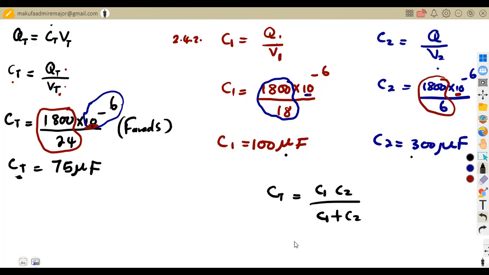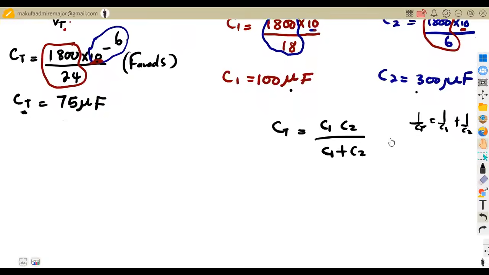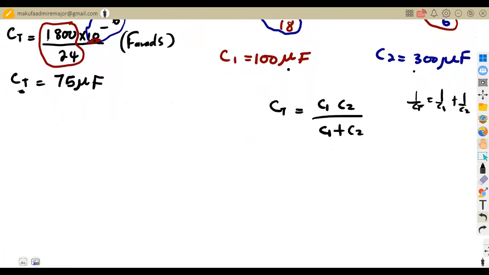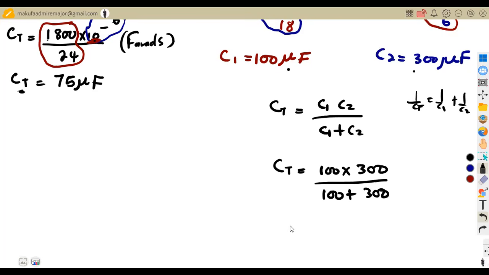Since we are given two capacitors, yes, we're supposed to use 1 over CT is equal to 1 over C1 plus 1 over C2, which is fine. But we can just use product over sum because we are dealing with two capacitors. So we can prove this: 100 multiplied by 300 over the sum of C1 and C2, which is 100 plus 300.